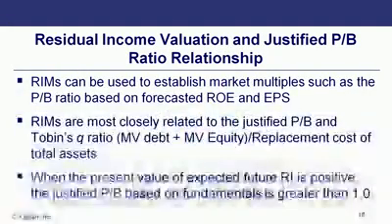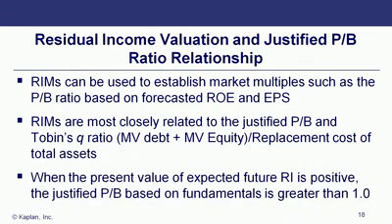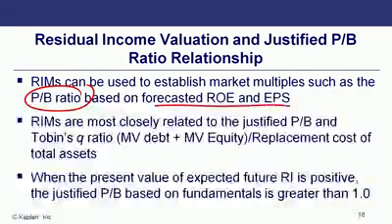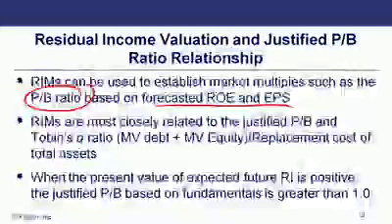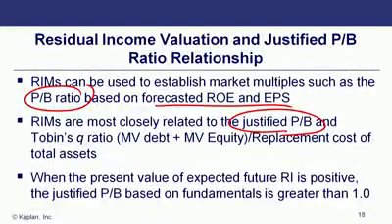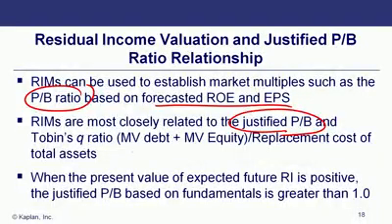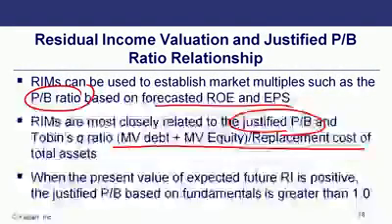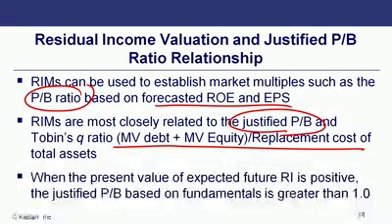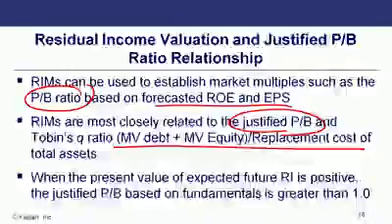Okay, so taking a look at residual income valuation and justified price to book ratio relationships, residual income models can be used to establish market multiples such as price to book ratio based off of the forecasted ROE and earnings per share. So residual income is most closely related to justified price to book, because remember, ROE is in the numerator and cost of equity in the denominator. Also Tobin's Q ratio, where you have the market value of the debt and equity over the replacement cost of the total assets.